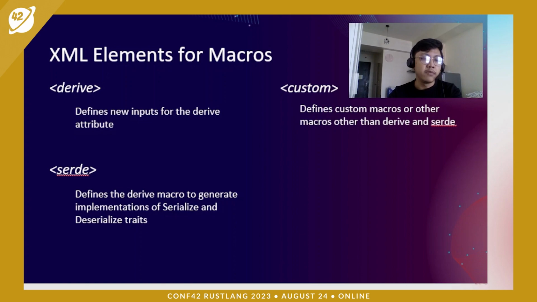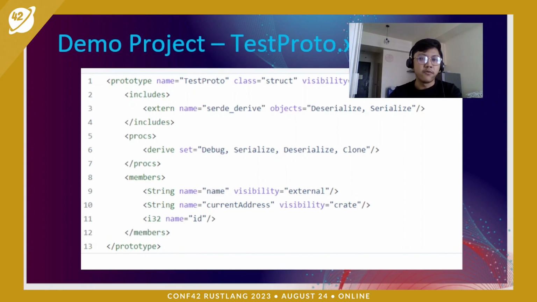In procedural macros, you can also indicate a set of traits. So if you want to use a lot of values inside, for example, derive, you have to define it by using the attribute set.